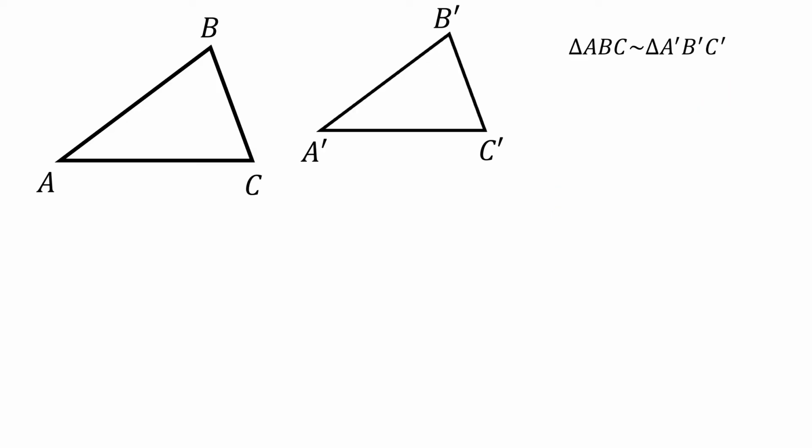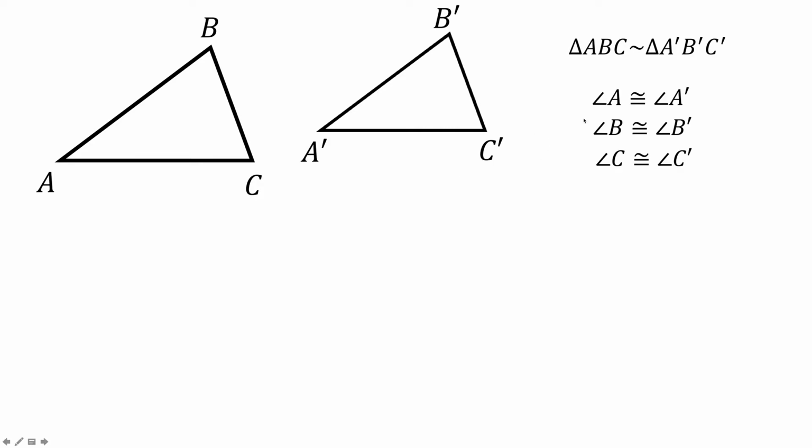So let's first review that. If you have two triangles, ABC and A prime, B prime, C prime, we're going to say that these two triangles are similar if all three angles of one triangle are congruent with the three angles of another triangle, obviously respective angles.